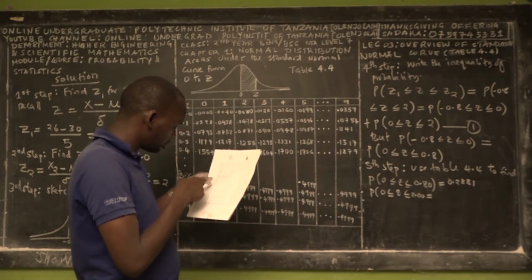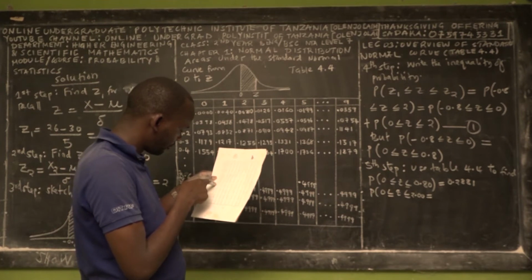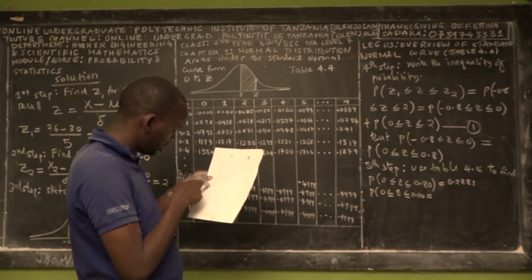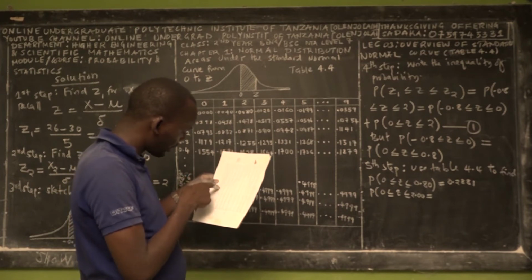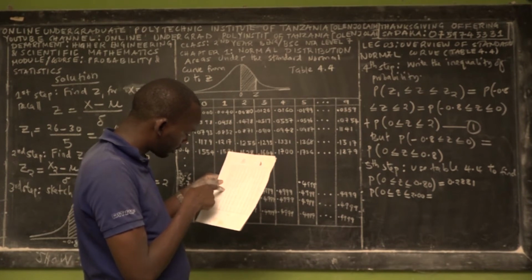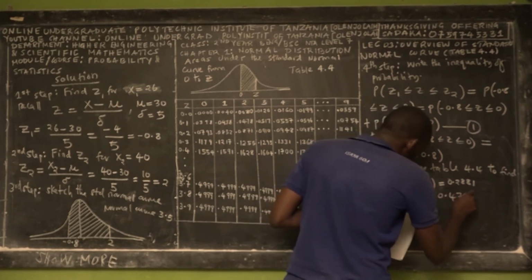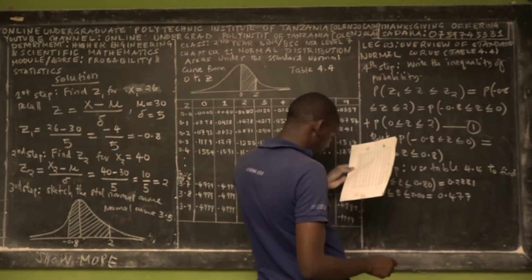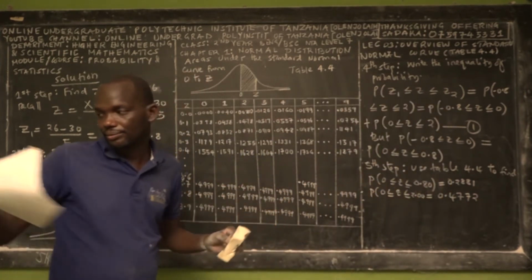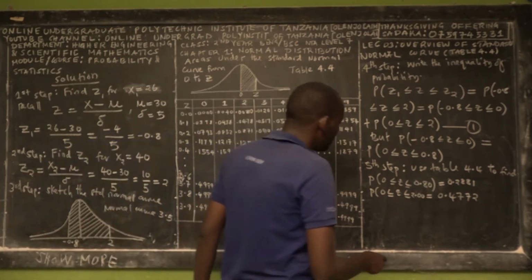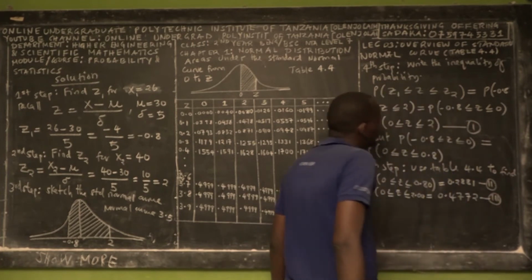So you have to go to the tens row, because 1, 2, 3, 4, to the tens row, and the second column. The corresponding probability is 0.4772. So this will make equation 2, and this will make equation 3.